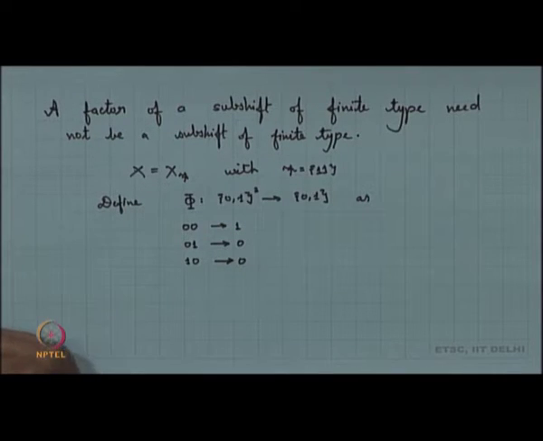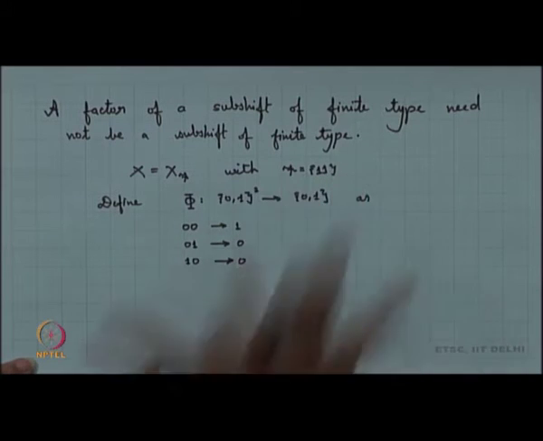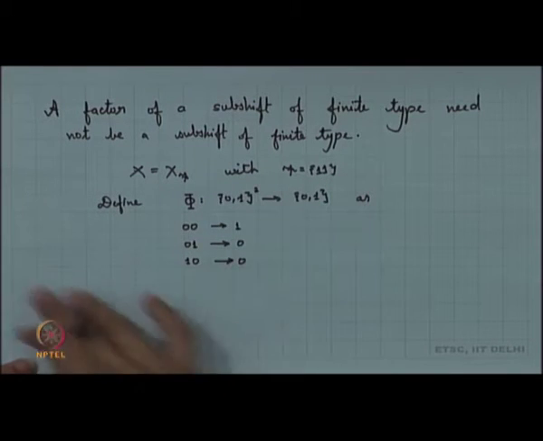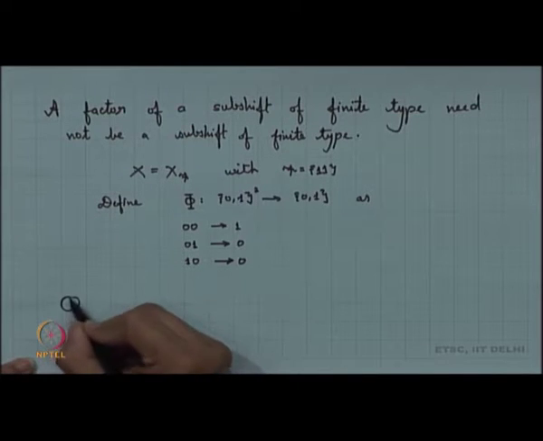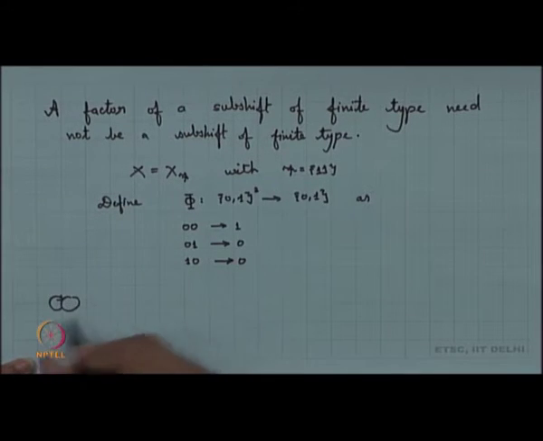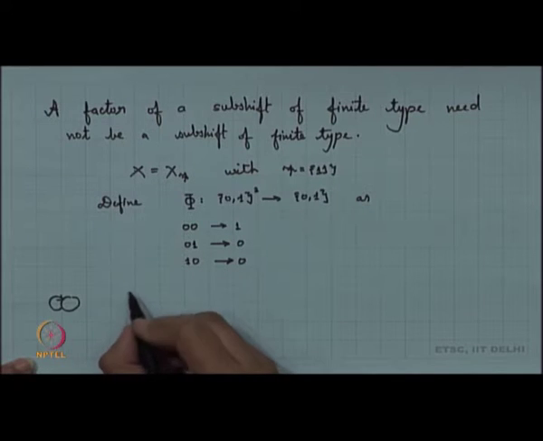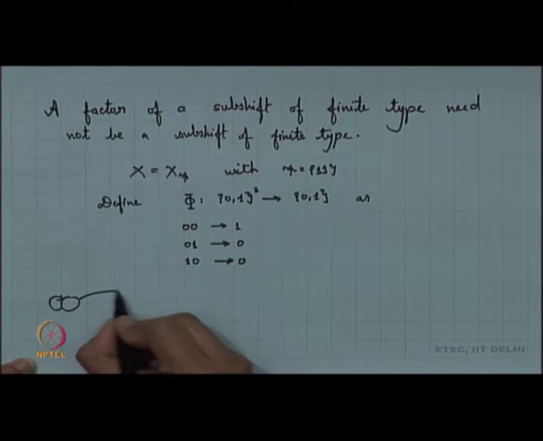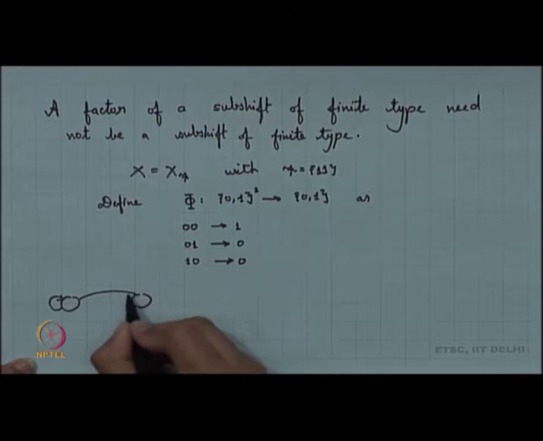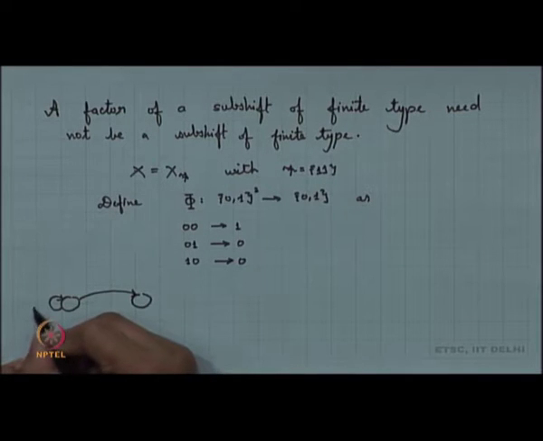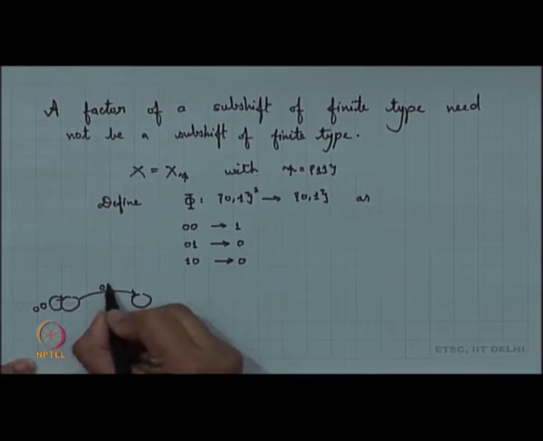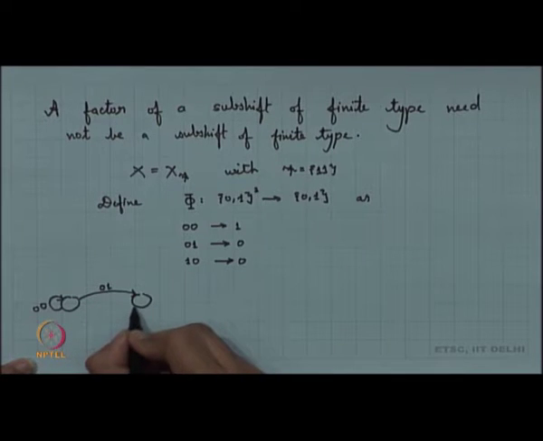Now, let us look into the higher block representation of the golden mean shift. We have seen that we can write it in terms of an edge shift here. So we have 00 here, 01 here and 10 here.